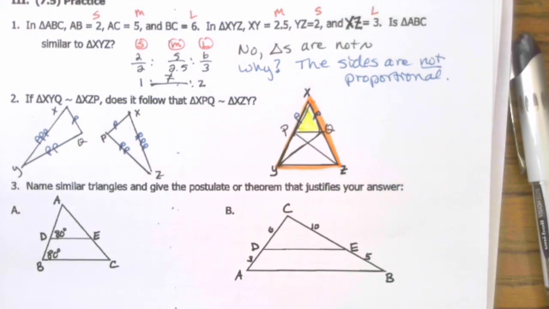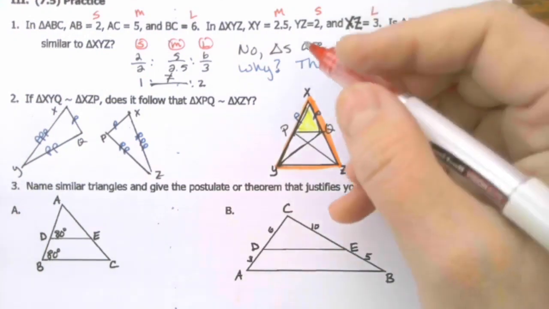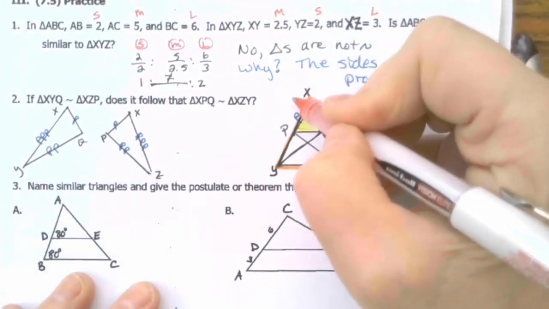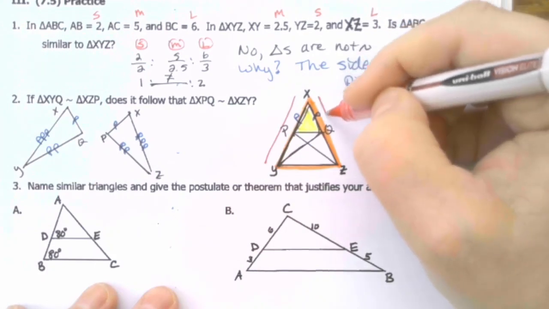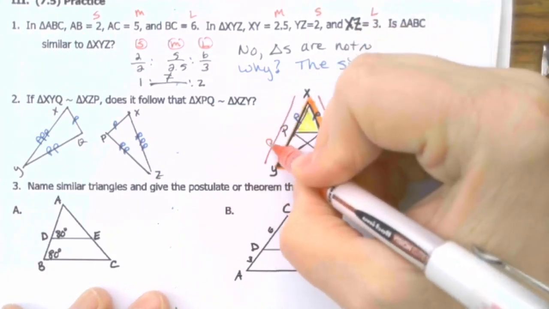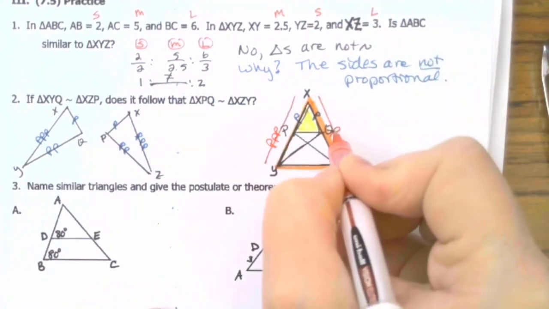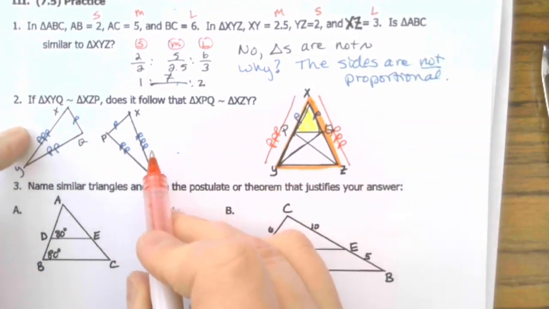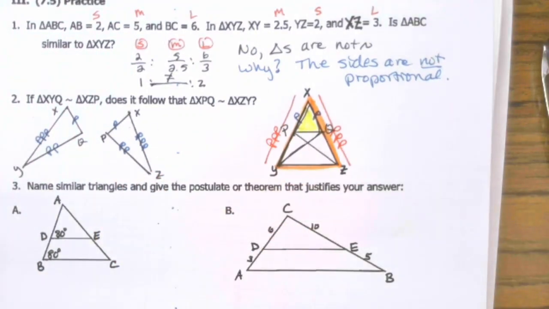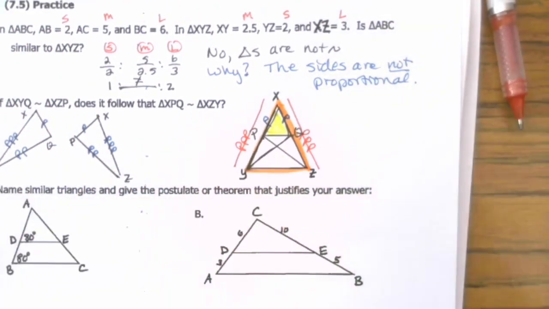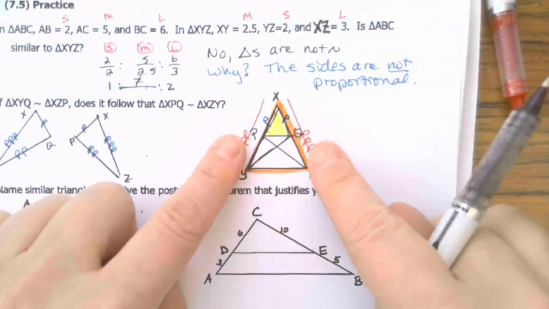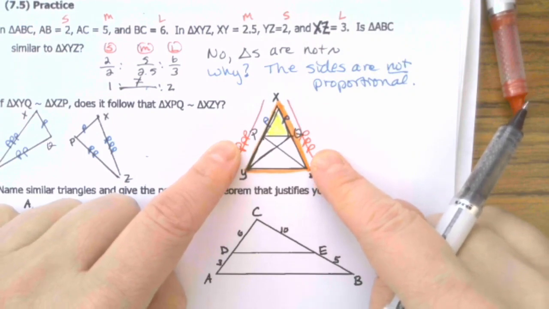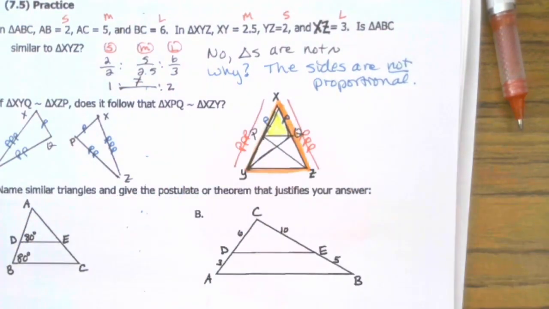Another proportion we can get, let me change colors here, X to Y, so this whole length here is the long side, X to Z is the long side. We know that those two sides are proportional with each other because they're the long sides of these two. The problem is that these proportionalities don't compare the little one to the big one. Those two are on the same triangle, the big one. Those two are on the same triangle, the small one.